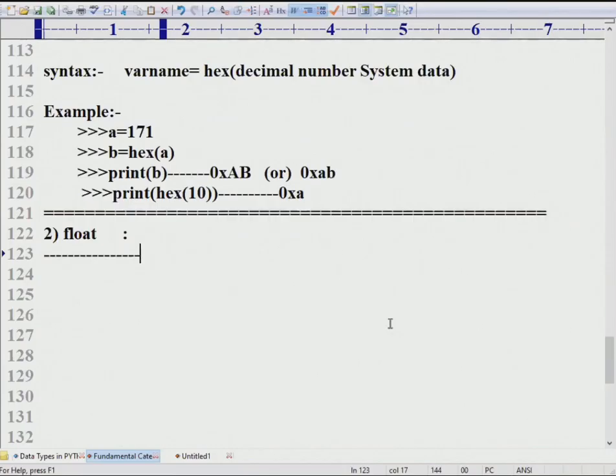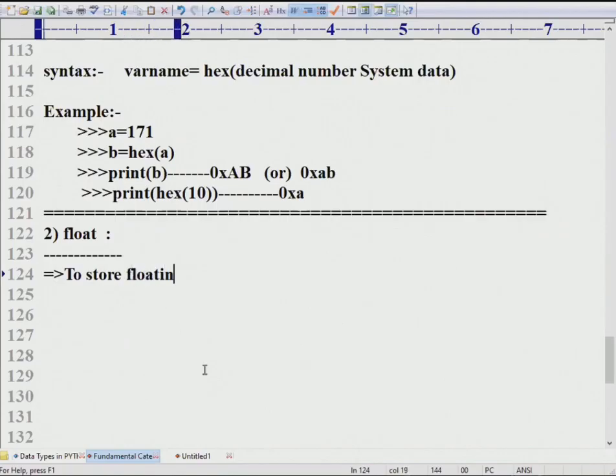Simple, straightforward. As we discussed the int data type, this is easy to understand, but one important point is there. The purpose of this data type is to store floating point values.